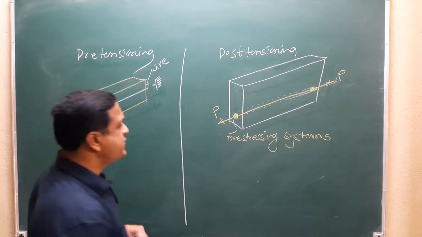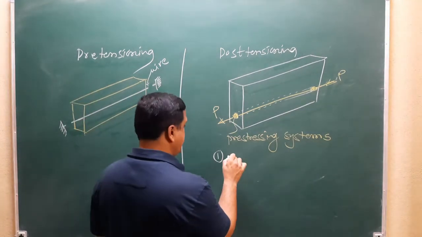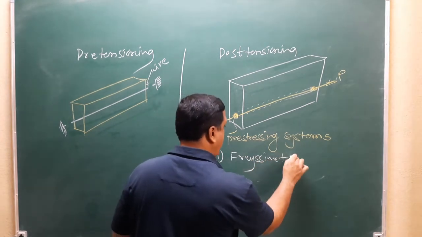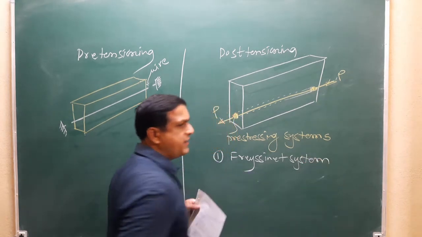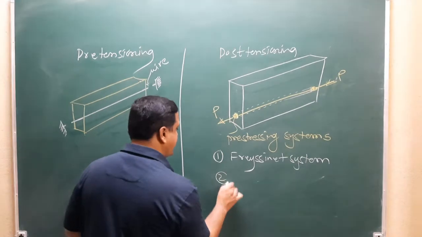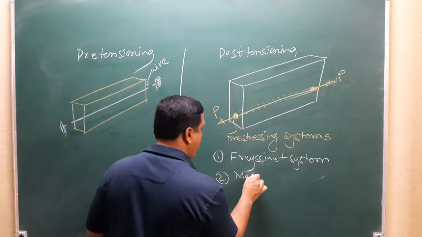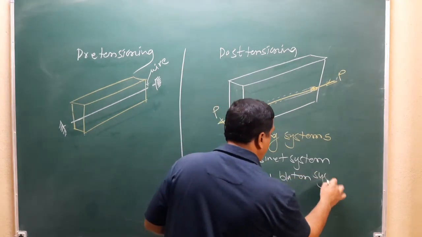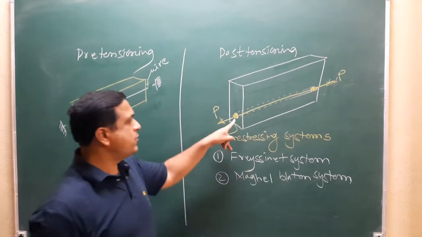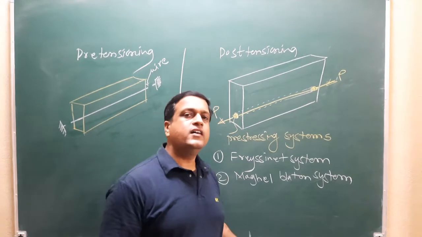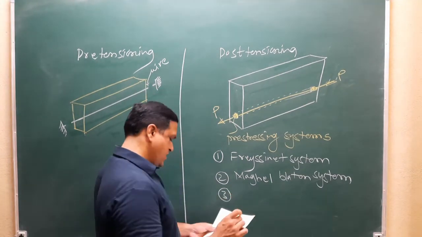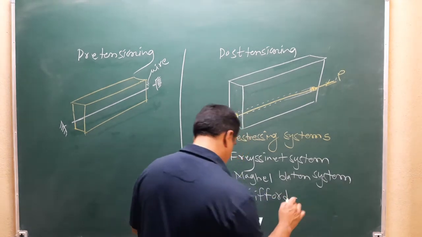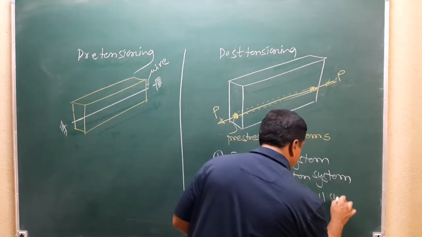So what are the names of those systems? The first system is the Freyssinet system, because Freyssinet is the name of a scientist. The second system is the Magnel-Blaton system. Third is the Gifford-Udall system.